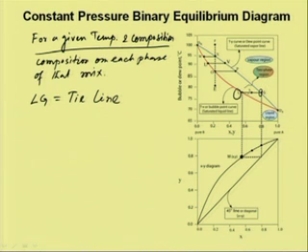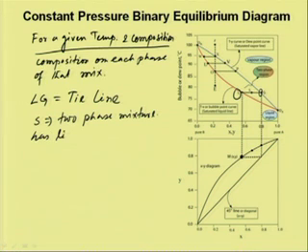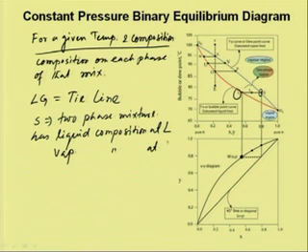Say a mixture at point S on the tie line LG represents the two phase mixture, which has the liquid composition at L and vapor composition at G, and the proportion, or the relative amount, can be obtained from the segments of this tie line, segments SL and SG.